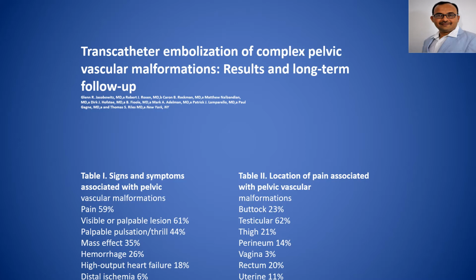Depending on which dominant artery and which branch is dominantly involved in this lesion, symptoms arise accordingly. If the malformation is more in the buttock region, then the symptom is more near the buttock. If it is more near the perineum, then the symptoms are more near the perineum.